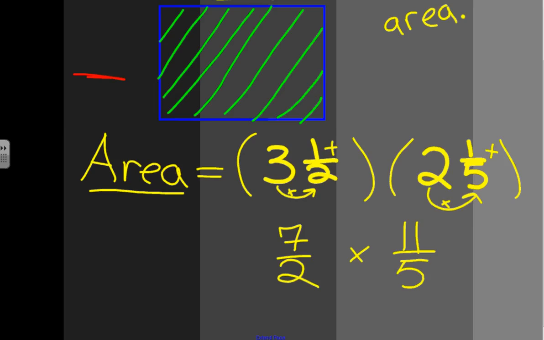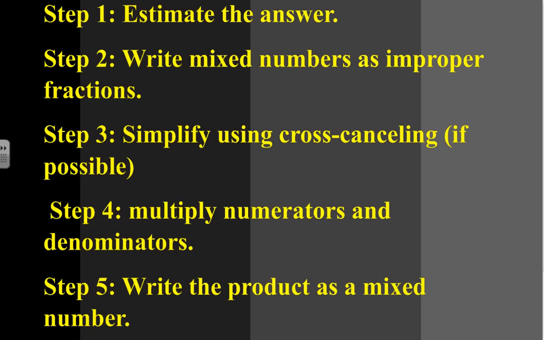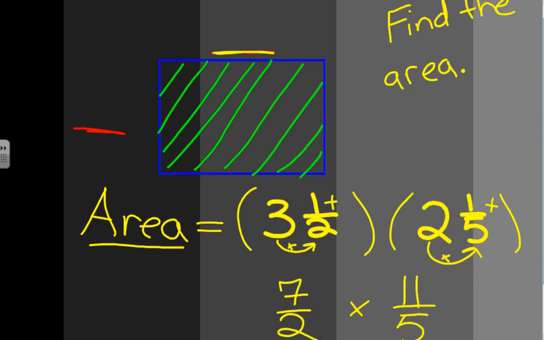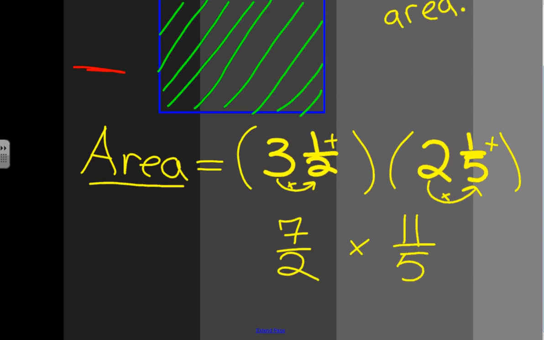And now I can check for my next step. Step number 3 says to simplify using cross-canceling if possible. So go back and see if you can simplify. When we look at our problem again, it doesn't appear that we can simplify anything by finding a common factor in our numerators or our denominators. So we will move to step 4, which says to multiply the numerators and denominators.